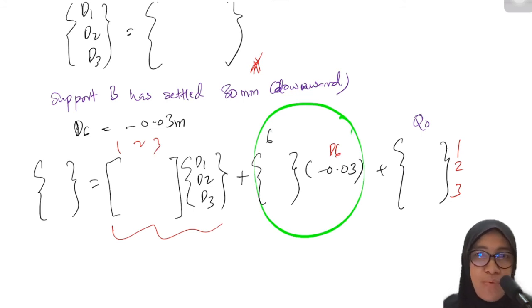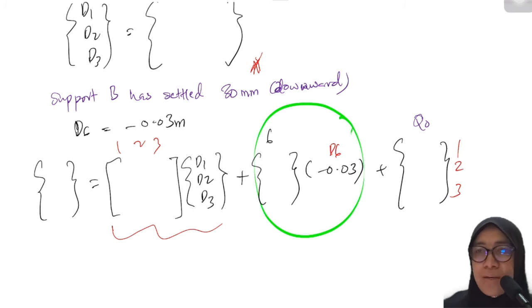At position 1, 1,1 times D1, 1,2 times D2, 1,3 times D3, and 1,6 times D6, because that is the principle in matrix multiplication.